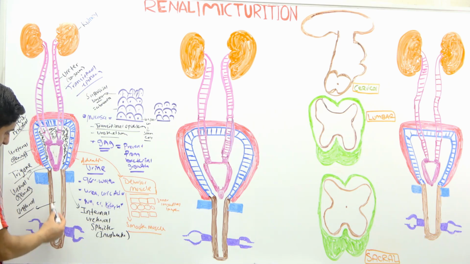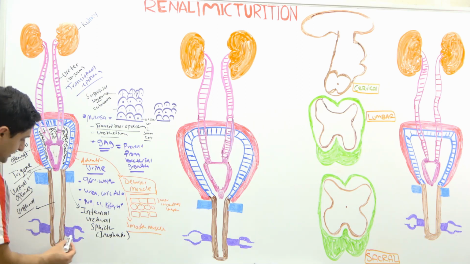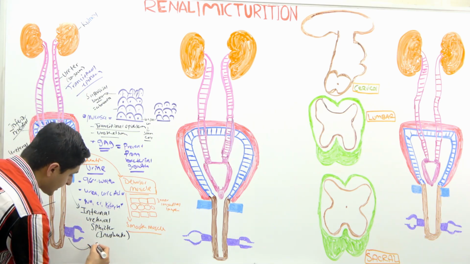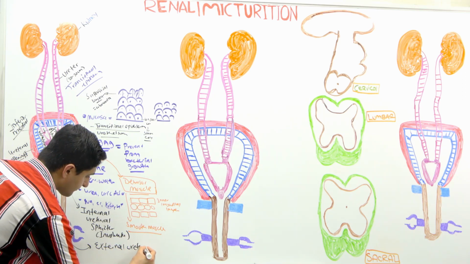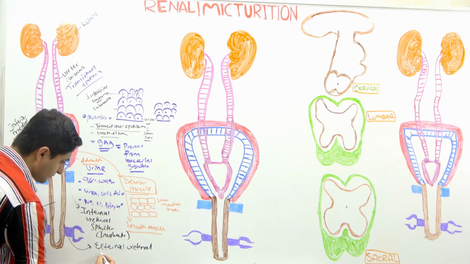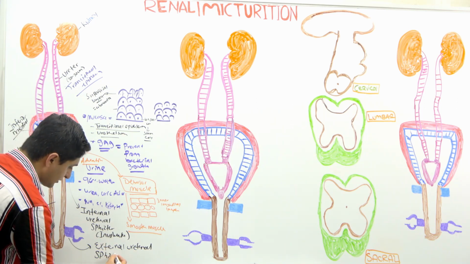And then if you come back down here, look at this, guys. These are called the external urethral sphincter.